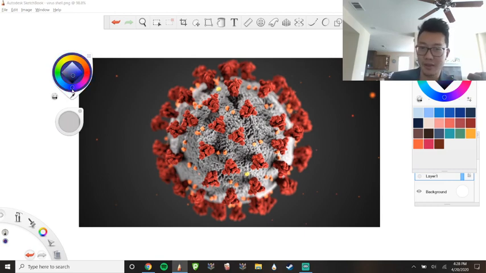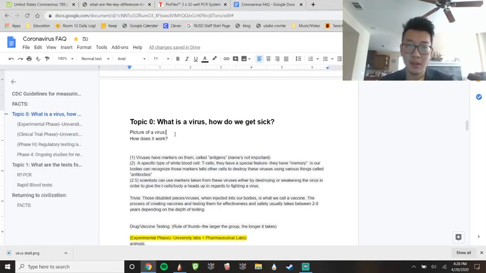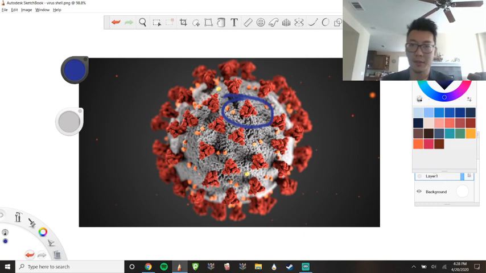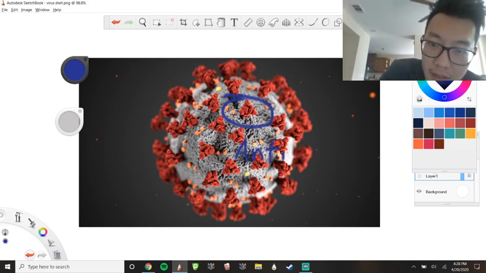But we have a picture of a virus. I think I looked up coronavirus. In this picture, you see these little red nodules. And these little red nodules are going to be really useful for us to identify a virus. What scientists call these, I'll use my pen, antigens.